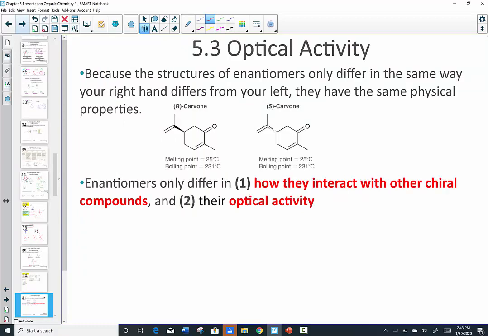Chiral molecules are optically active. Because these structures differ only in the way that they spin light, they are very similar in terms of physical properties, with just one exception: how they interact with other chiral compounds in a biomedical pathway, if you will, or, in the second example, the rotation of light.